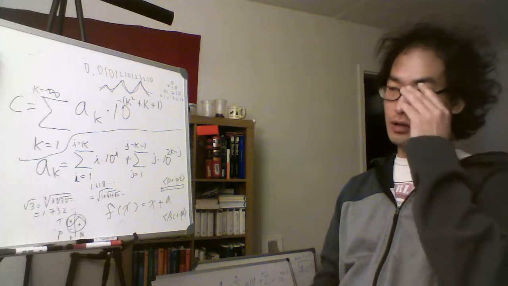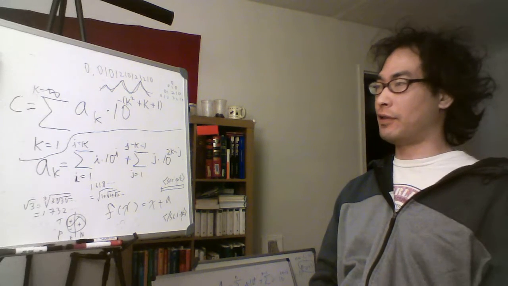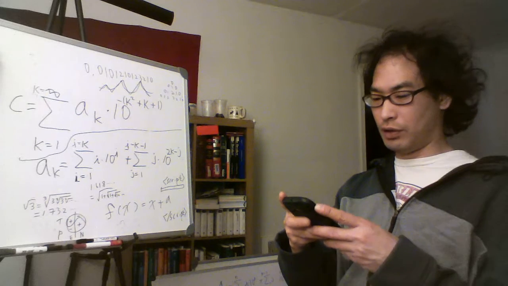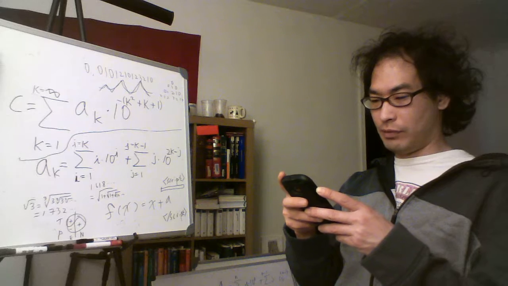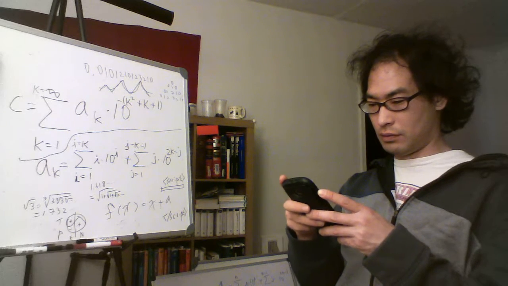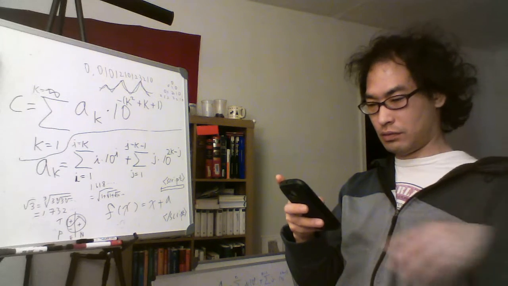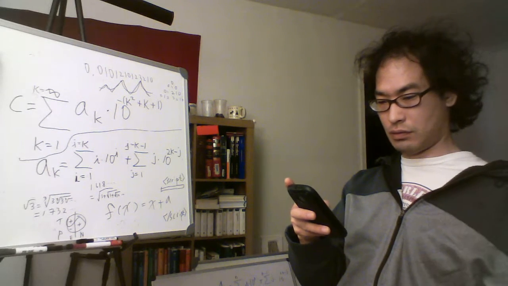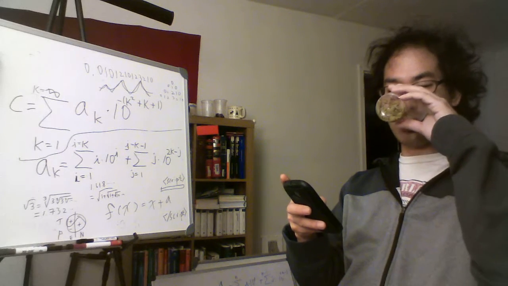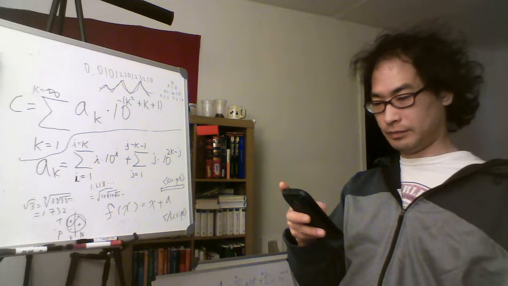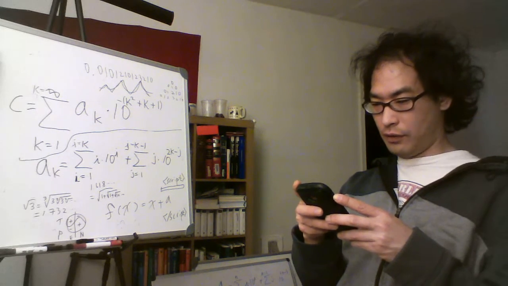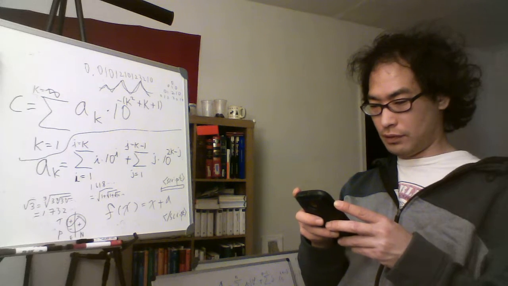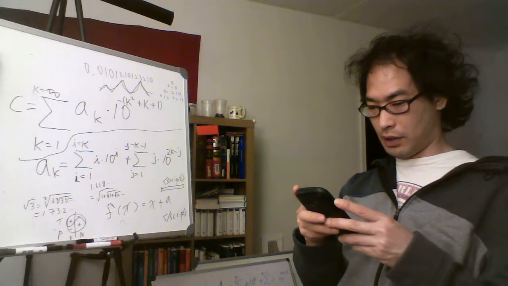Euler's equation, e to the i pi plus 1 is equal to 0, something like that. Yeah, it's a beautiful equation. Some mathematical equations are very beautiful. List of mathematical constants, it's such a beautiful entry in Wikipedia.